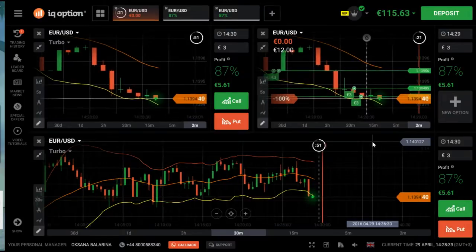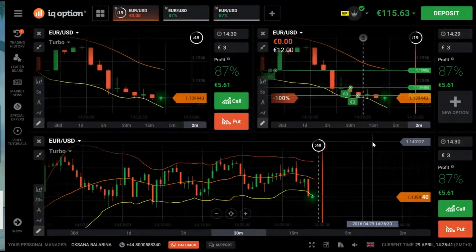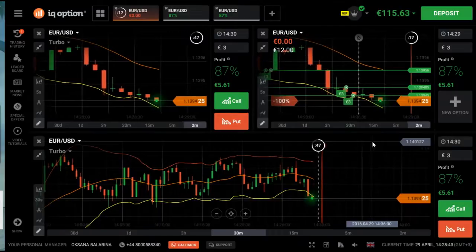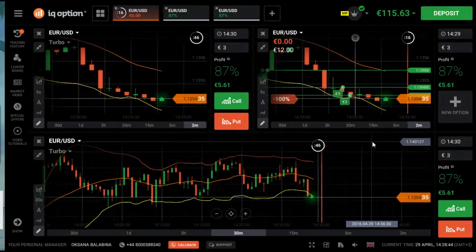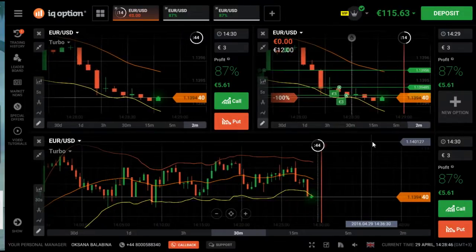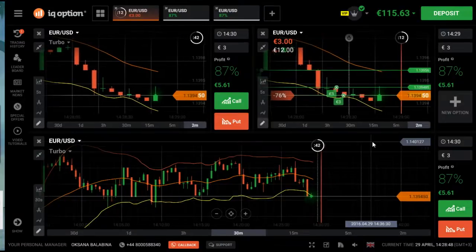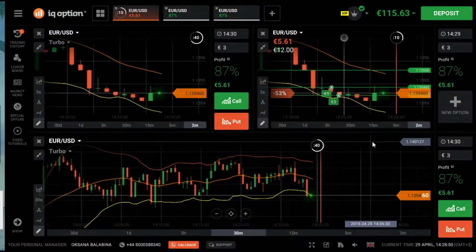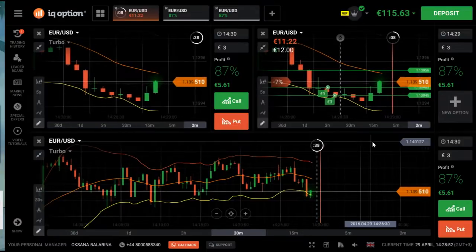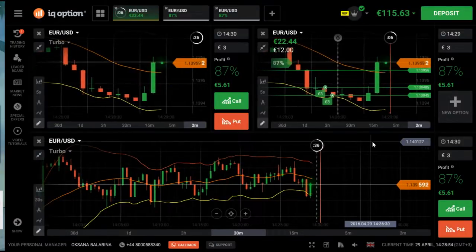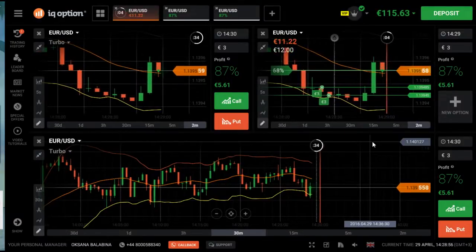So this reversal may not work. Maybe red is going to continually grow for another 30 seconds or a minute. Then this second window's reversal will not work, but it worked. It reversed.